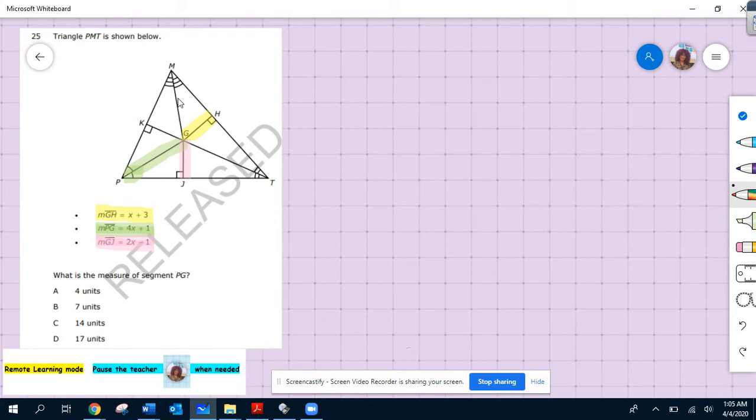That's why we say that the line MG bisects the angle M. The same thing happens here. The line PG bisects the angle P. And also the line TG bisects the angle T because we see again the same label.